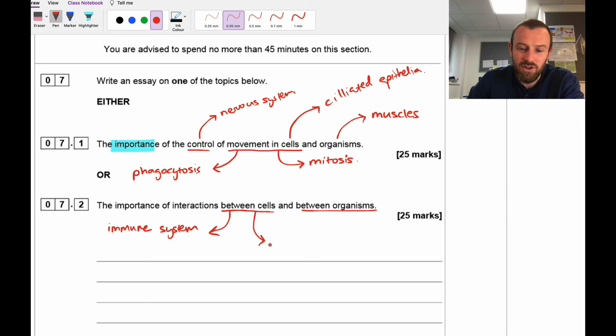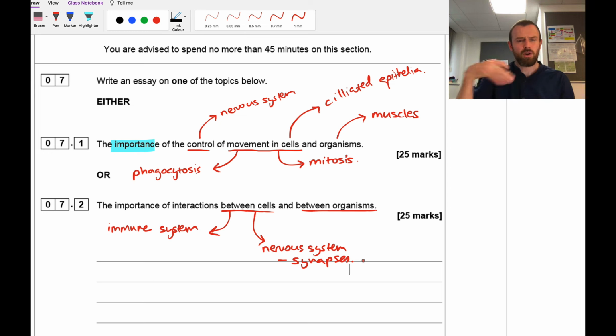Also, again, nervous system I would probably go for, because we're talking about how synapses allow communication between cells. Summation, one-way flow of information. I'm kind of talking about the importance here. Also, importance of immune system. Again, we're talking about guiding the immune system to either go for a cell-mediated response, that's T killer cells, or humoral response, that's B cells and antibodies. So that's kind of an importance angle. Doing the right response for the right pathogen, keeping you alive.